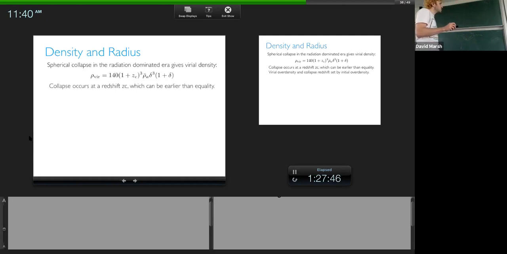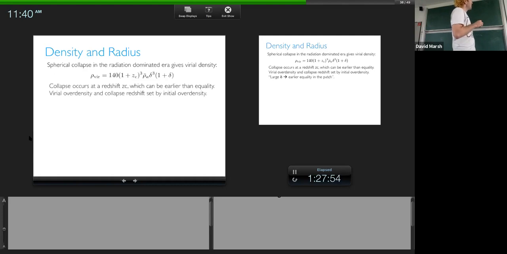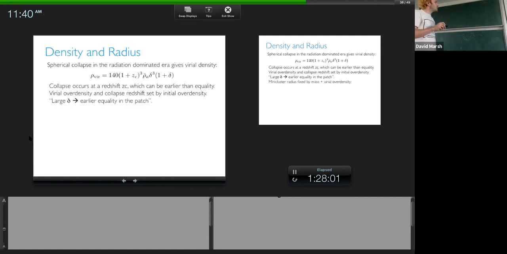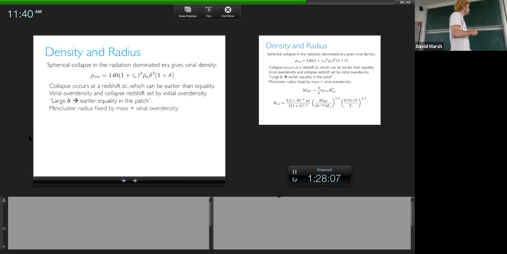So collapse occurs at some redshift z_c, which can be earlier than matter radiation equality. Normal fluctuations only begin collapsing once matter domination kicks in. So here, the virial overdensity actually depends on the overdensity itself. That is because large overdensities give earlier matter radiation equality in that patch where you have your overdensity.